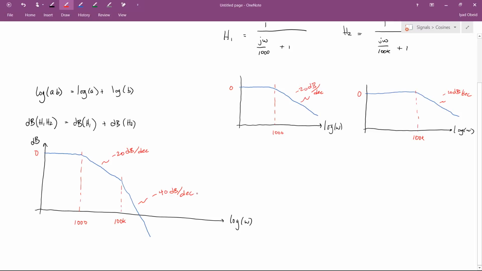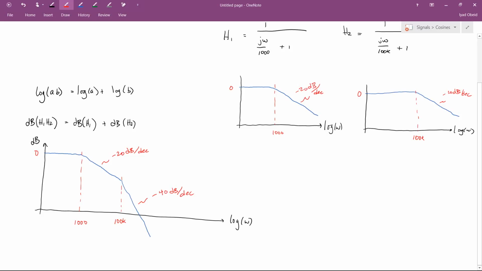All right, and then for even more fun, you could see that between 1,000 and 100k, there's actually 2 decades. So one decade would get you from 1,000 to 10,000, and then another decade would get you from 10,000 to 100,000.